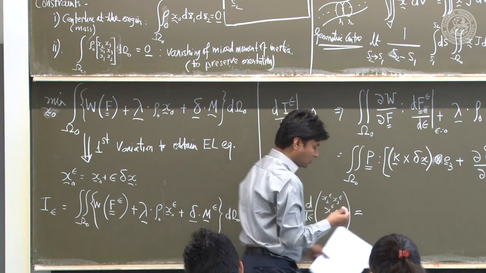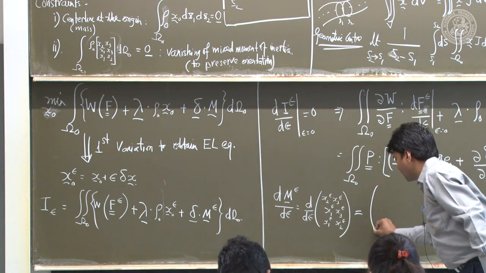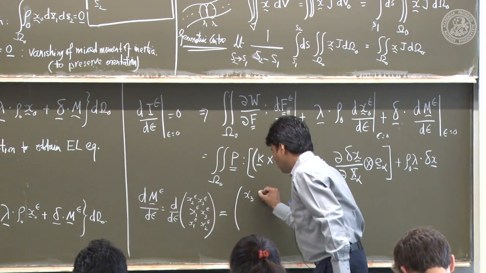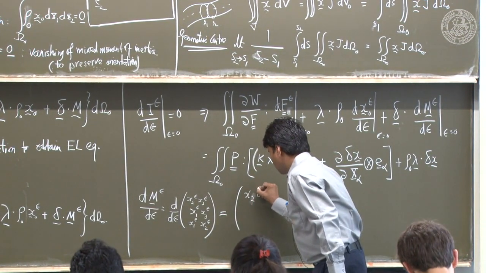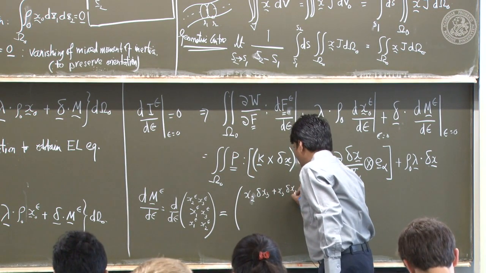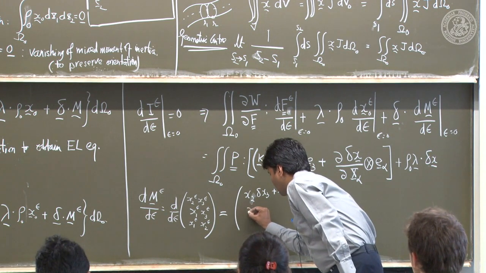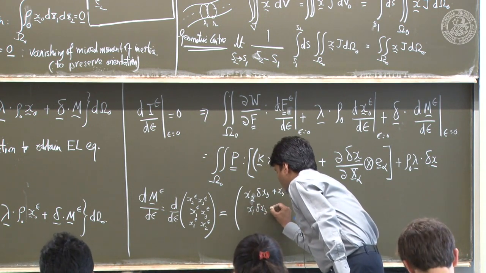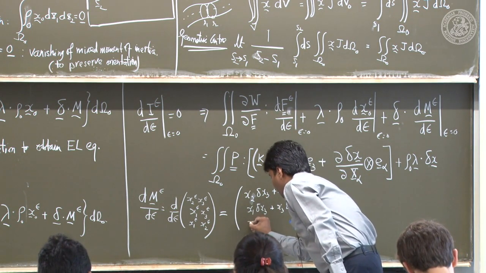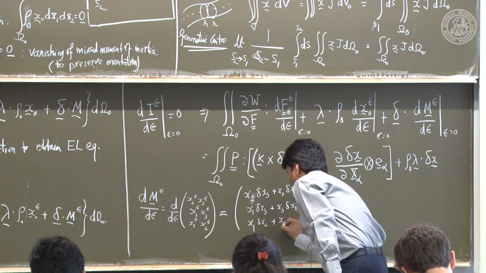So you have to use, of course, chain rule, and this becomes x2 times del x3 plus x3 times del x2, and then in the second component x1 times del x3 plus x3 times del x1, then x1 times del x2 plus x2 times del x1.